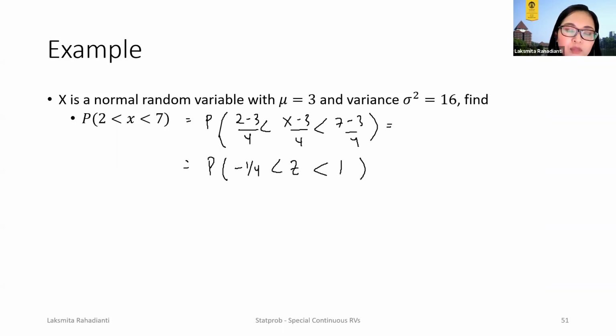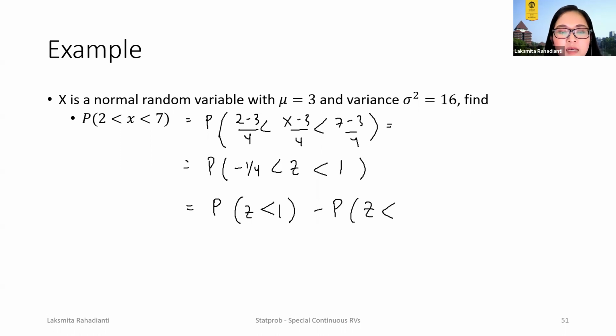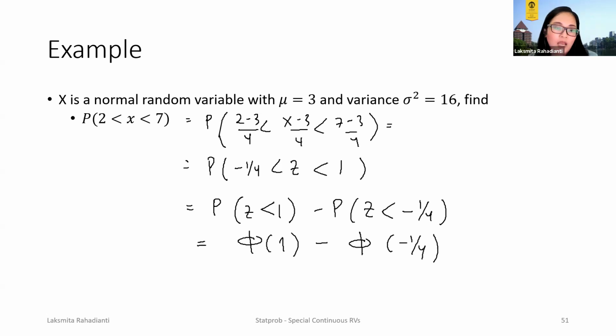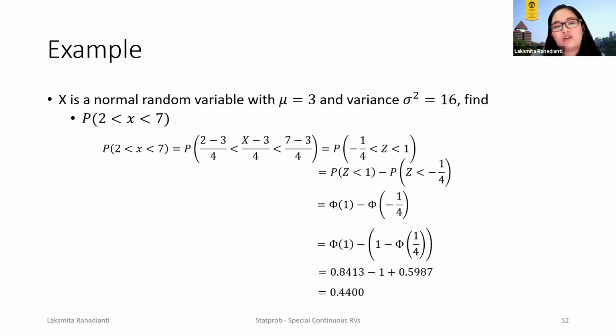And since we're computing between, we can then convert this into the probability of Z being less than 1 minus the probability of Z being less than negative 1/4, and then we can get that using the tables. There you go. And you can check the final answer on your own.